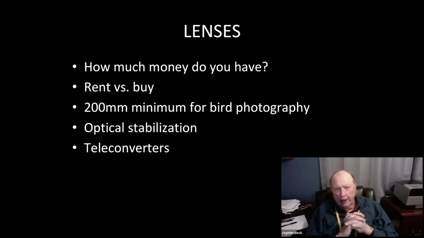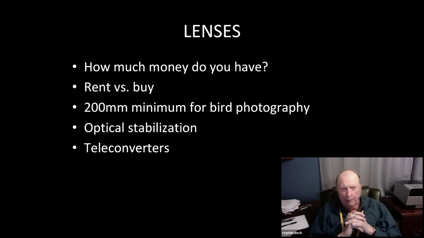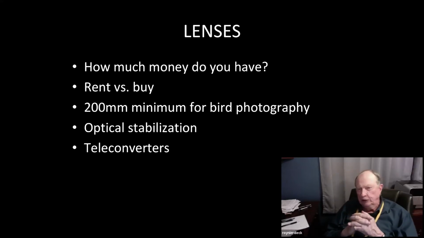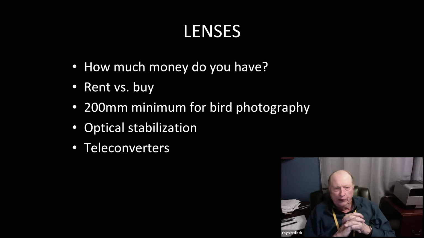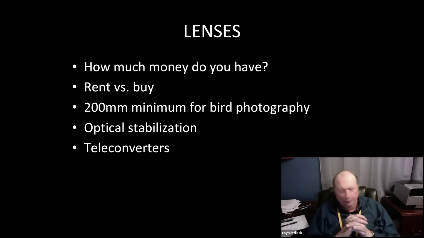They've got all the packing and labels, so when you're done, you just pack it back up, put the label on it, and drop it off at your nearest UPS or FedEx place. The insurance is all there, you're all covered, and it's a great way to go, unless you want to use the lens a lot and put the money into it.